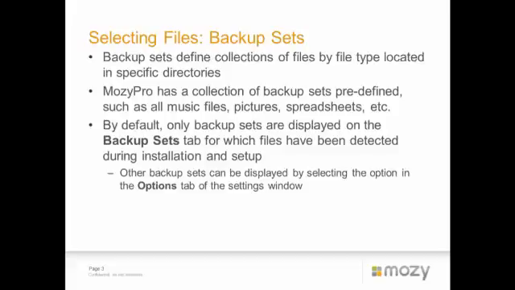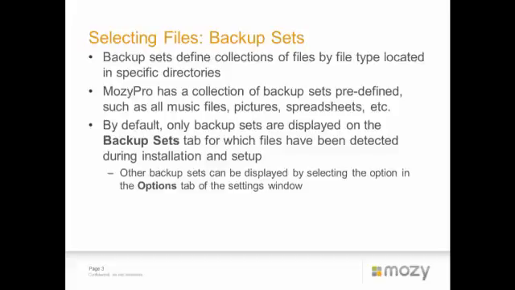Or we could say all of our Word documents and our text documents would fit into a backup set. No matter where they're located, we would say from this folder down, anything that matches that type would be backed up. So to help our customers, Mozi has created some backup sets that are predefined.